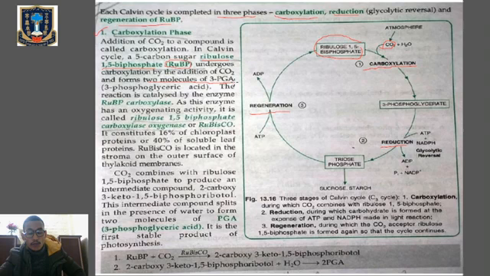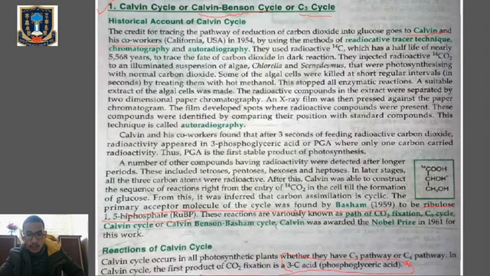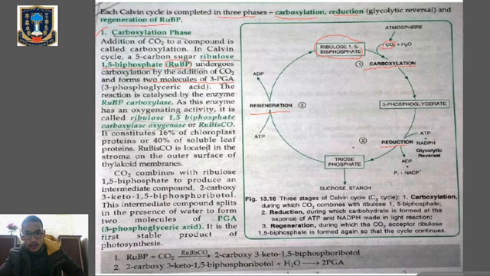PGA means phosphoglyceric acid. If you remember, I told you that the first product of carbon dioxide fixation is a 3-carbon acid called phosphoglyceric acid. So during carboxylation, RuBP undergoes carboxylation by the addition of carbon dioxide and forms 2 molecules of 3-PGA, that is phosphoglyceric acid.